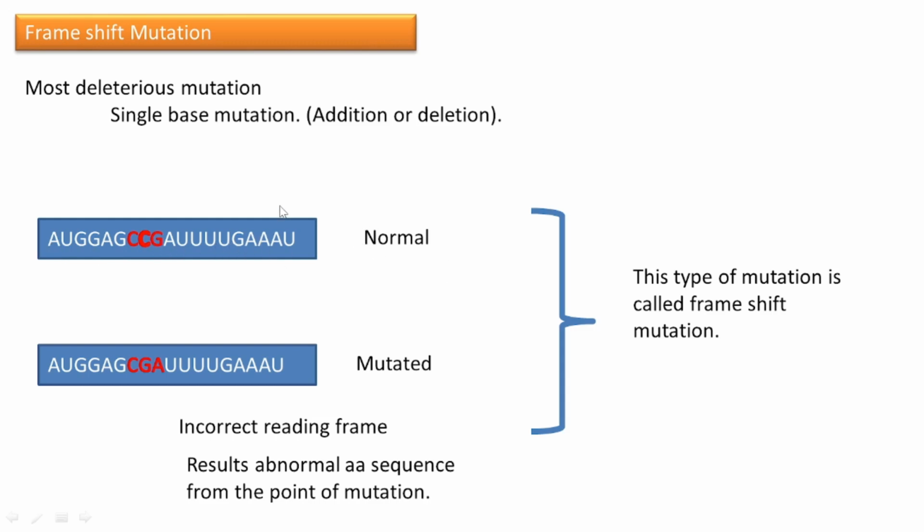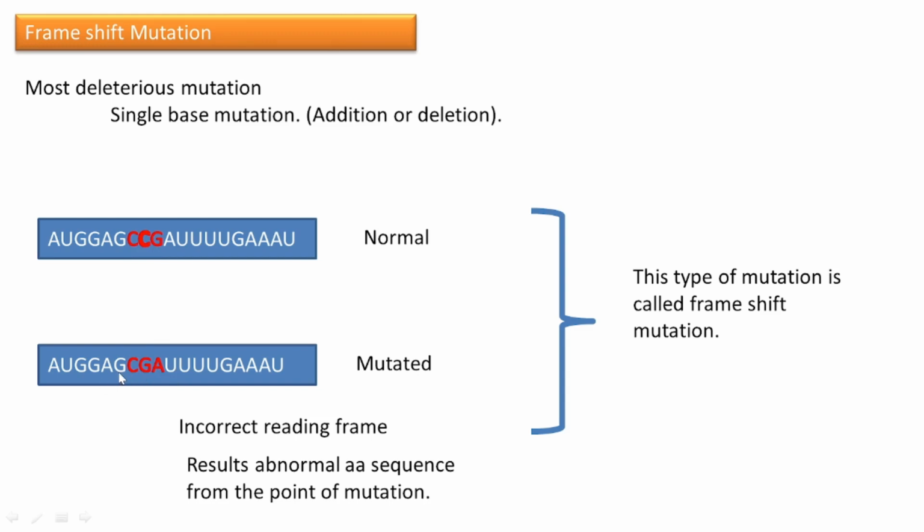And that normal mRNA undergoes a point mutation, a single base mutation. I already told you that I am explaining the mutation by considering a deletion type. So here in the CCG, one C is deleted. Here we can see that.